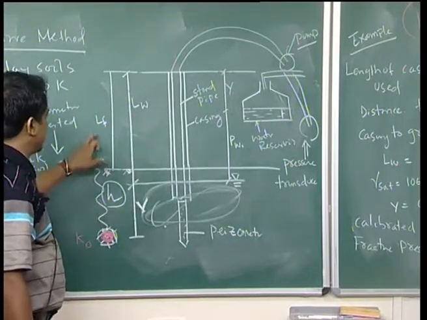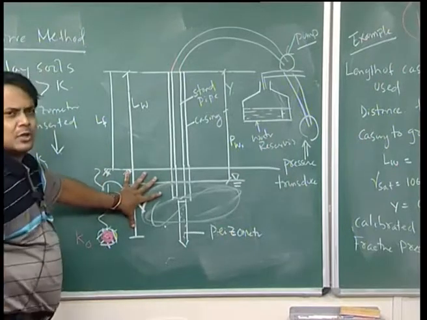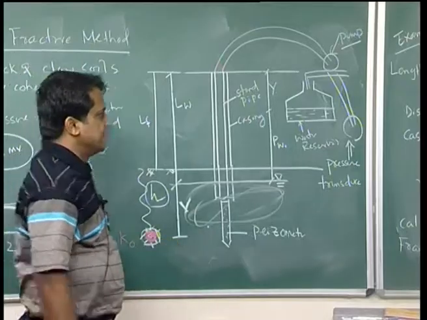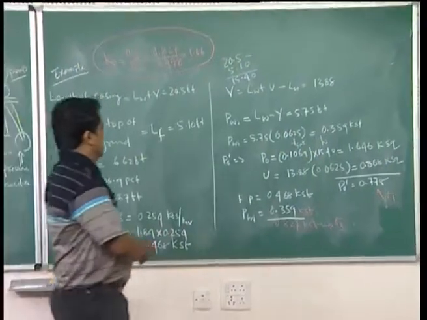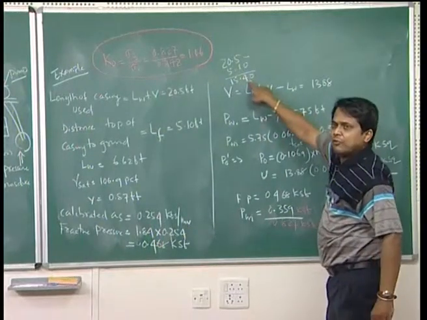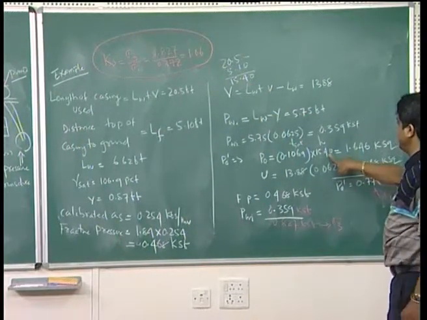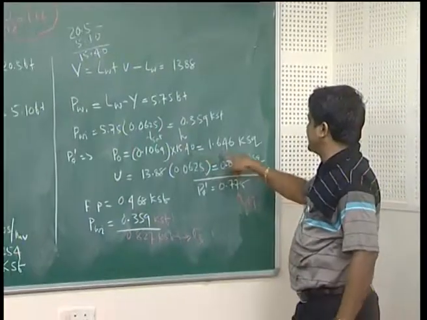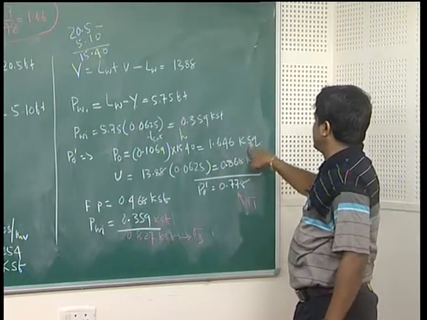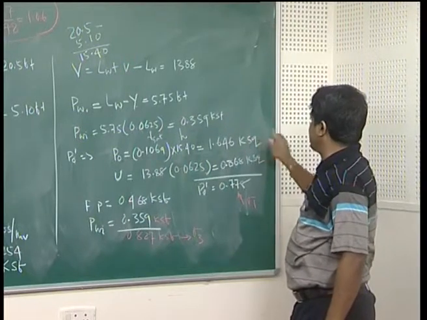LW plus B minus LF, this is your soil height, where you want to find K0. From here this H is 15.4 feet, which gives 1.646 kips per square feet.